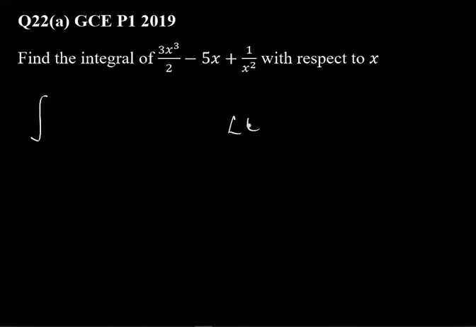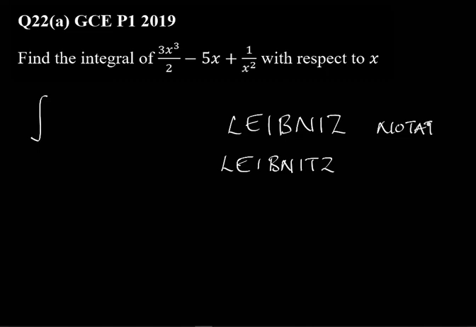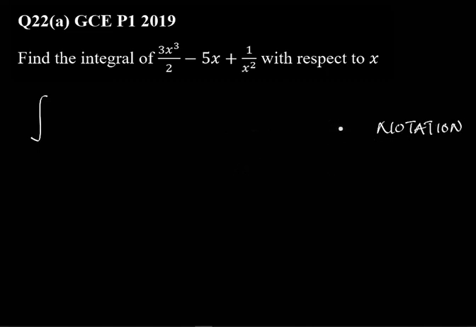I think his name is spelled as L-E-I-B-N-I-Z, and some might write it differently. You can search that on YouTube with the word notation, and you get a whole lot. But do this after you study, of course. That won't be examinable. So let's concentrate on what we're doing here.